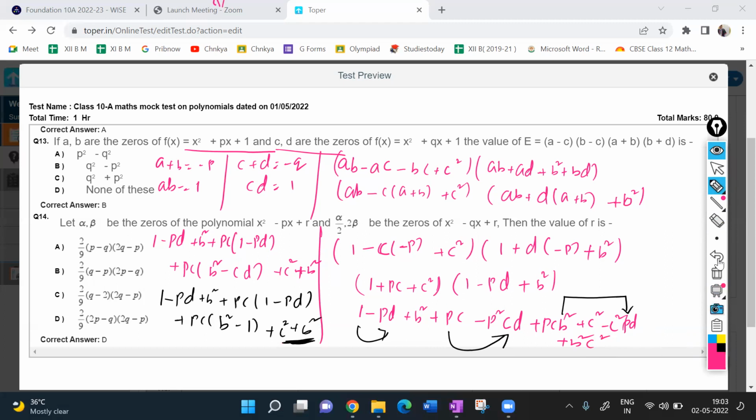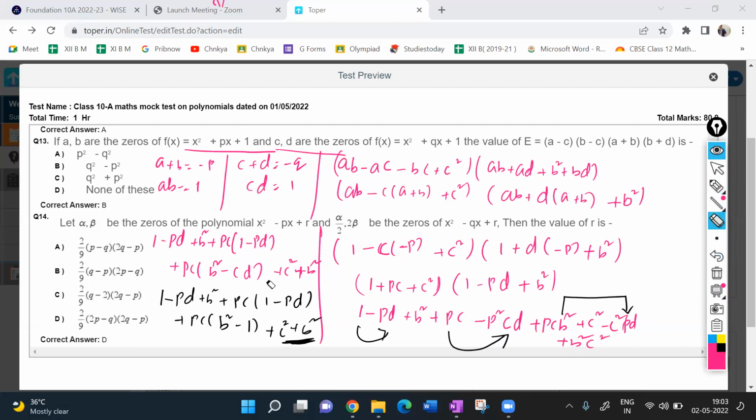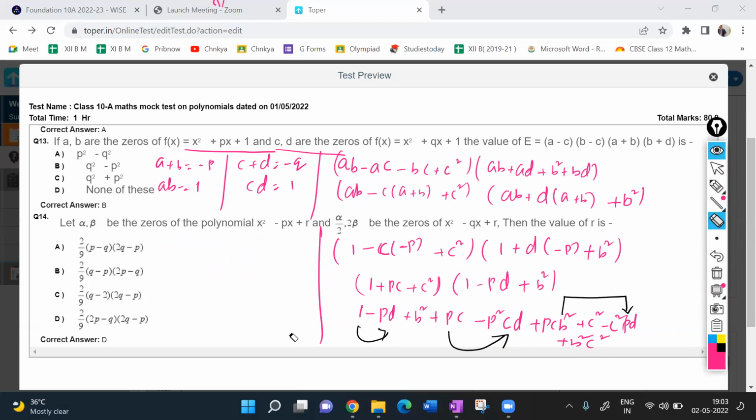Now we have to change this, and then change this again. In the fourth term we have CD as 1, so we take CD as 1.